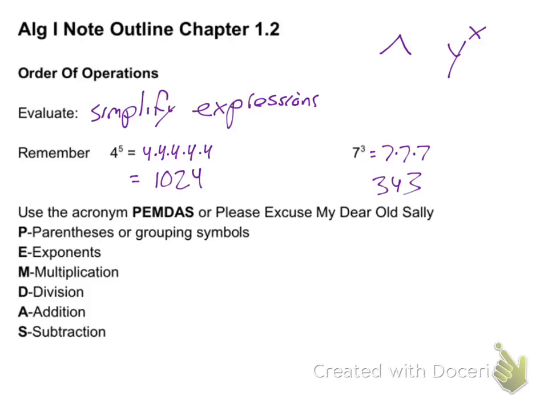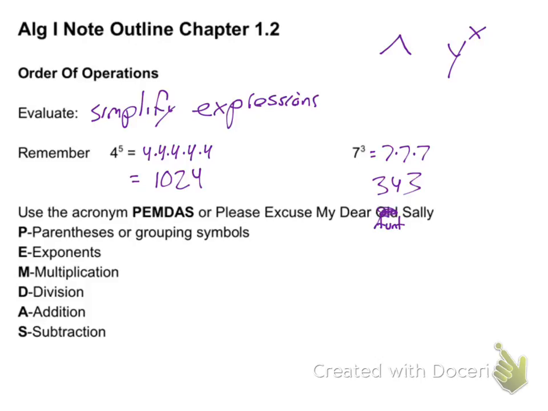Okay? Now, I think we all have heard of the acronym PEMDAS before. It's please excuse my dear... Oh, sorry. Yes, that is not old. That should be Aunt Sally. So please excuse my dear Aunt Sally. That was my typo.